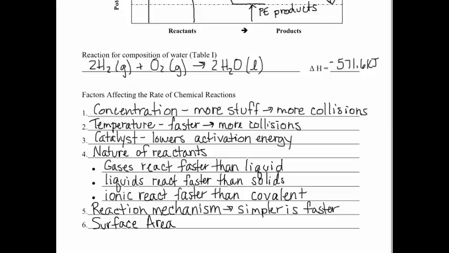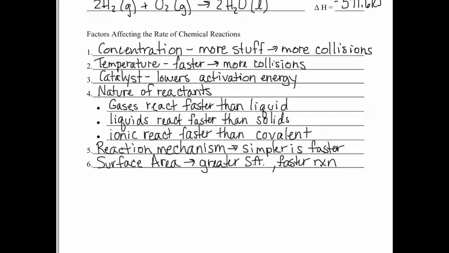If there's more surface area, that means that there's more area for those collisions to occur. Therefore, the reaction will be faster. So we're going to say greater surface area, faster reaction. And that's the end of our notes.